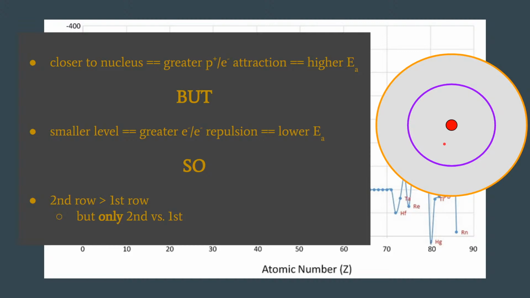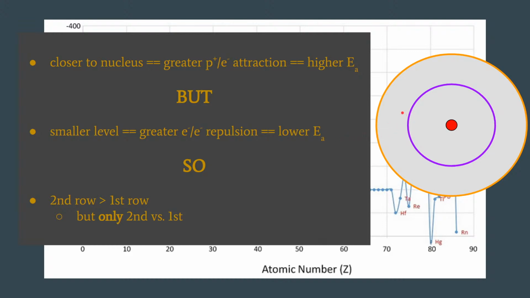But the other thing we're looking at is repulsion between electrons. Electrons are all negative. They don't like being close together. And here in the first row, you have a small valence shell, so the electrons have to crowd close together. Here on the second row, you have a much larger valence shell, so the electrons are nowhere near as crowded together.